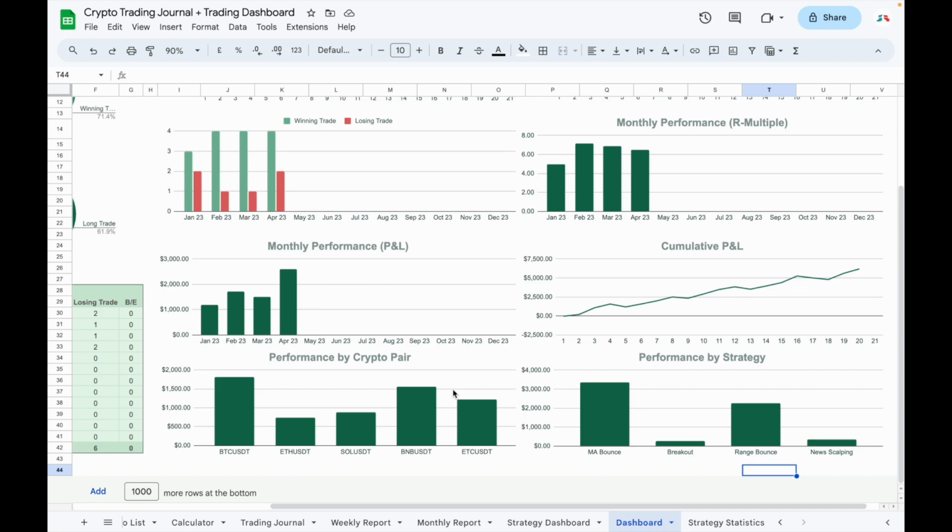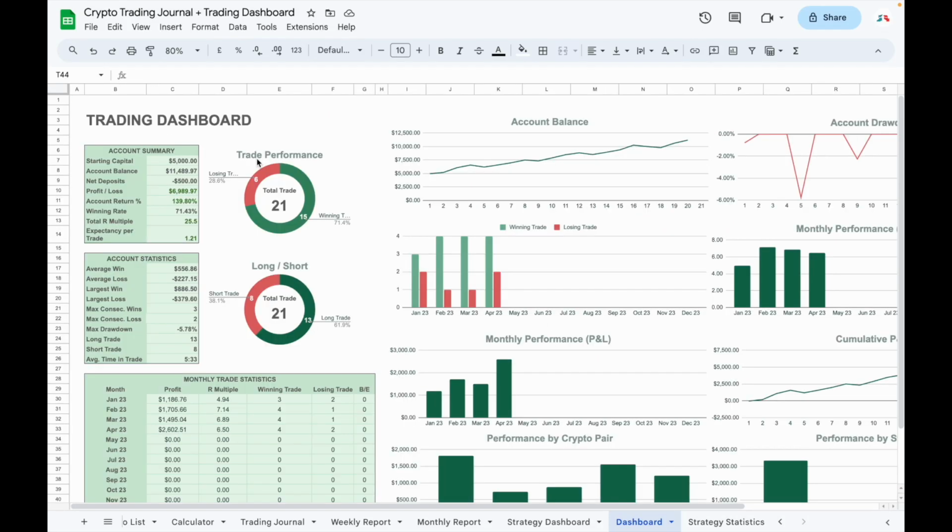You can also have a glance at the overall performance of individual crypto pairs and trading strategies to know how individual crypto pairs and strategies have contributed to the overall performance of the account, as well as the monthly performance in terms of R multiple, profit and loss, and winning and losing trades.